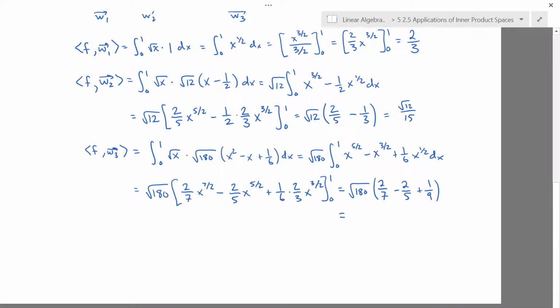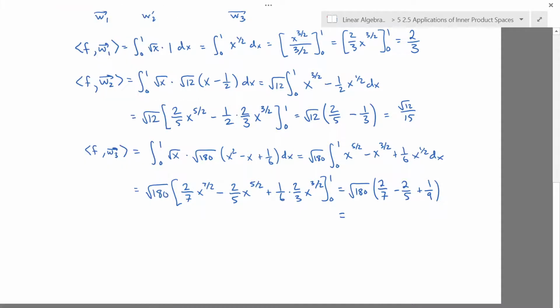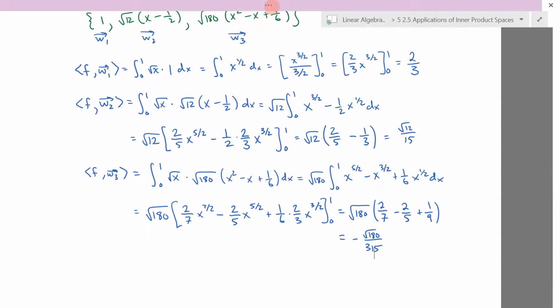So what is 2/7 minus 2/5 plus 1/9 in fraction form? It's 1 over 315 minus 1 over 315. So this is minus square root of 180 over 315. Okay, so we have our 3 coefficients.